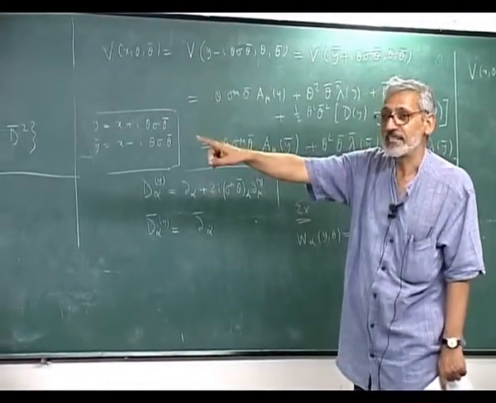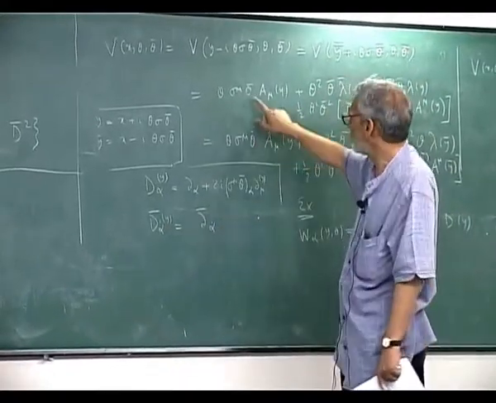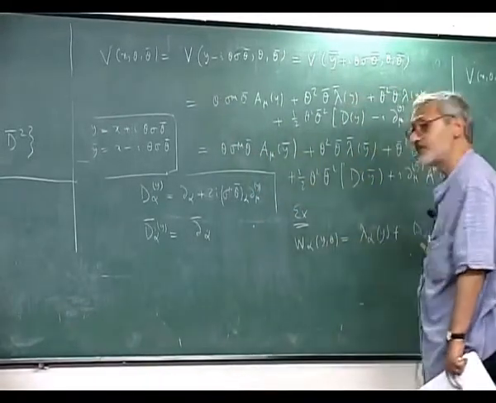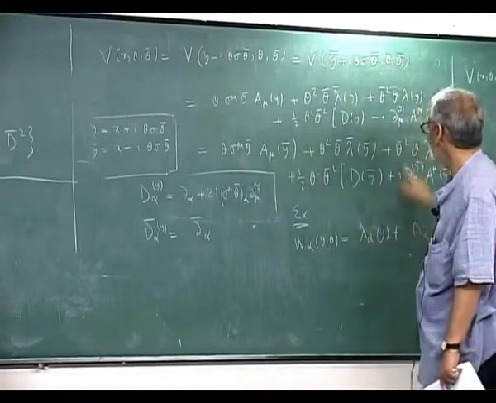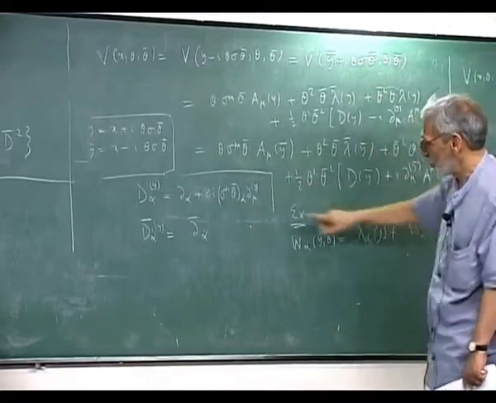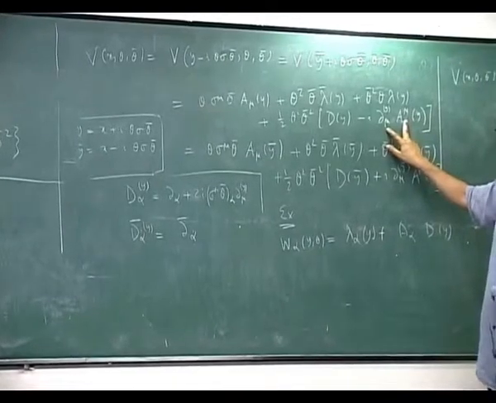Then this two d bars acting out will kill the two bars. There will be single theta left. That is the structure of this term, with a derivative of this kind. So that, with a little bit of algebra of sigmas, will be exactly this object, and that will cancel this.